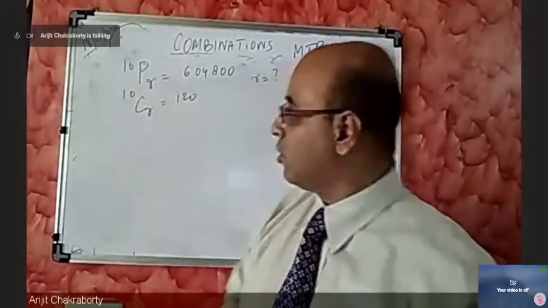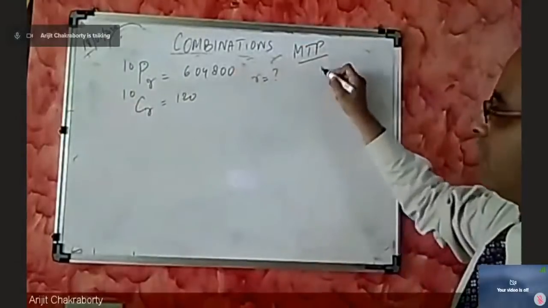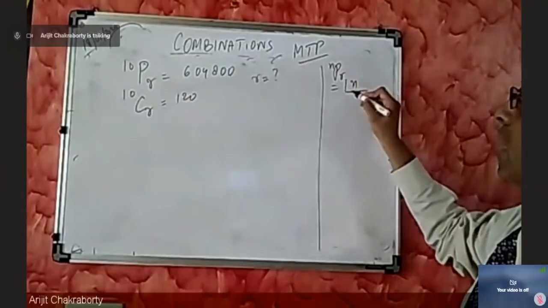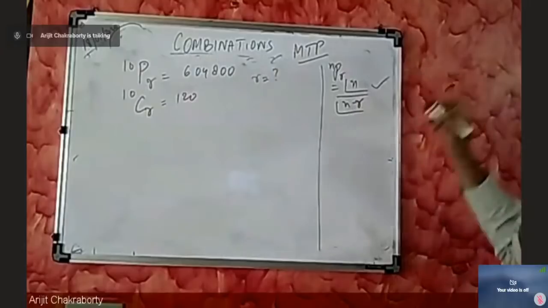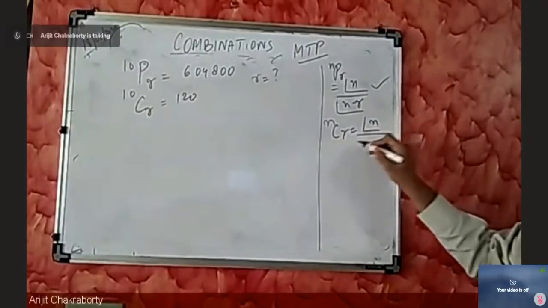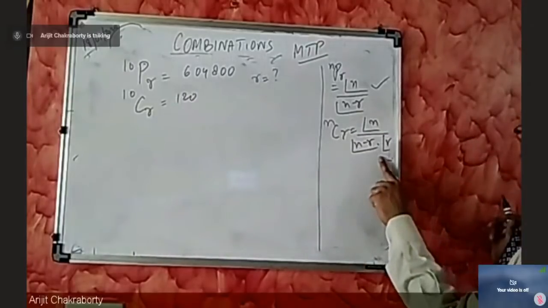So friends, we know that just now we saw a formula. nPr is equal to n factorial divided by (n minus r) factorial. I think this is clear. nCr is what? n factorial divided by (n minus r) factorial into r factorial.